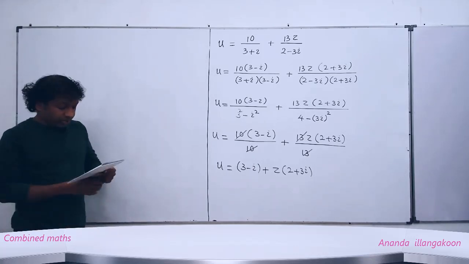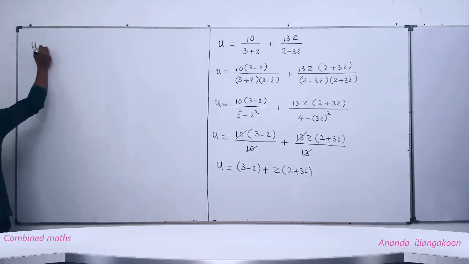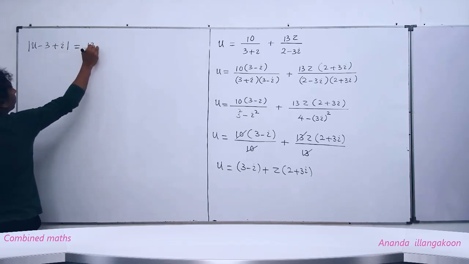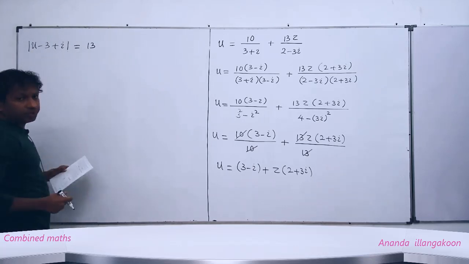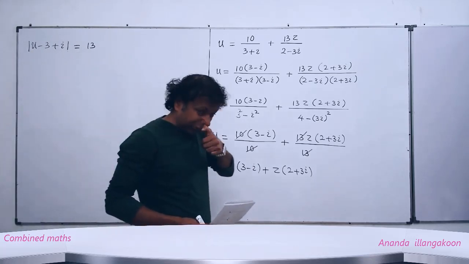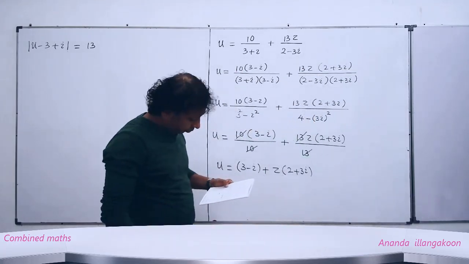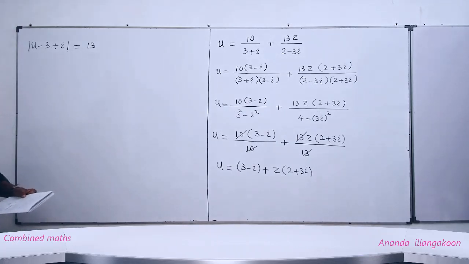Now u is such that, given this way, people, the modulus of u minus 3 plus i is 13. The complex number u satisfies this condition. Right. Show that mod z equals root 13.